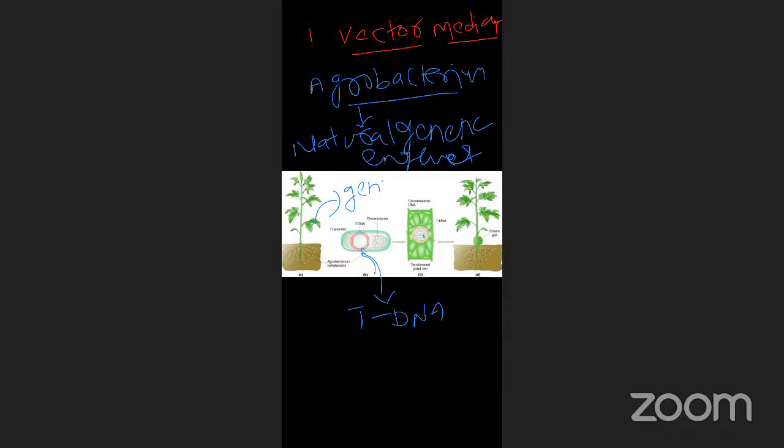This desired gene is injected into the agrobacterium's Ti plasmid or tDNA. Now it is rDNA, recombinant DNA. That is, the desired gene from one plant, A plant, is injected into the Ti plasmid of the bacterium, agrobacterium.